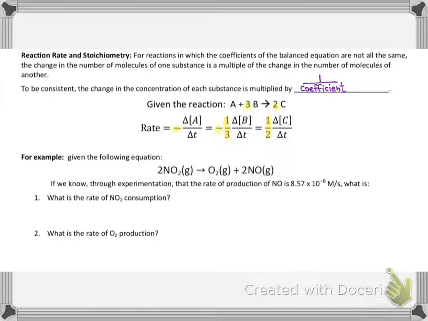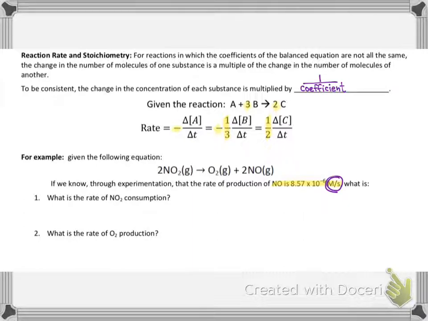Okay, so let's go ahead and try a quick example. It'll be delicious. So we have a reaction given. 2 nitrogen dioxide molecules are going to decompose, producing 1 molecule of oxygen gas and 2 nitrogen monoxide gas particles. And we know through experimentation the rate of production of nitrogen monoxide is 8.57 times 10 to the -6th, and then of course rate is always going to be in units of molarity per time, in this case molarity per second.